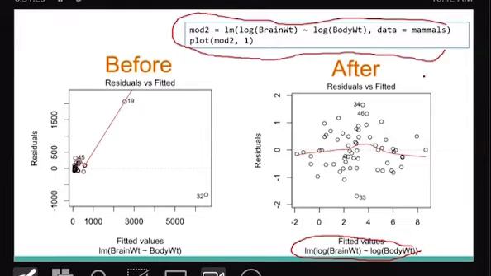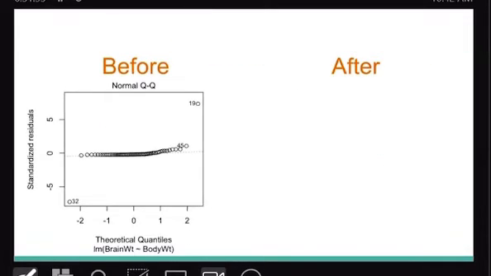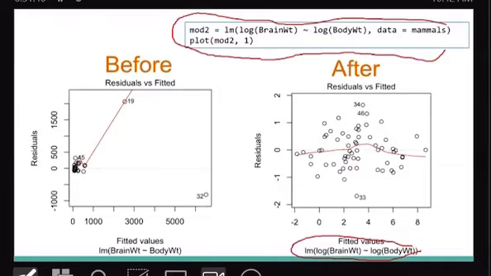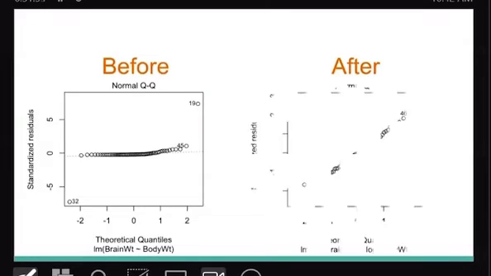Okay. Now, take a look at another one. If you take a look at the code here, 1 is for residual plots, 2 is for normal QQ plots. Now, I'm going to show you a normal QQ plot. Let me show you the code.